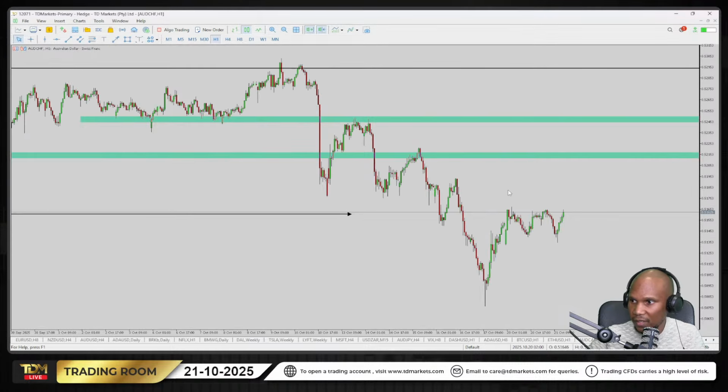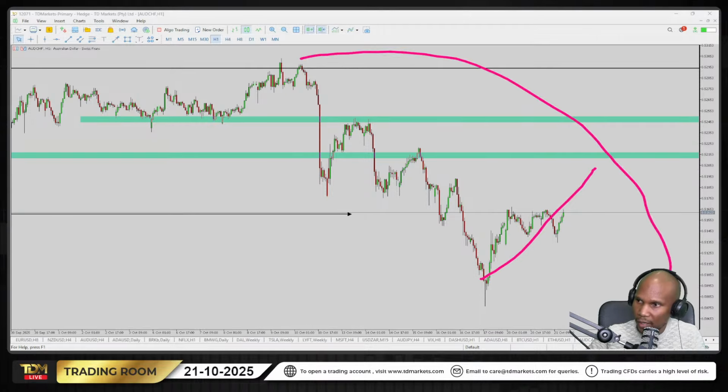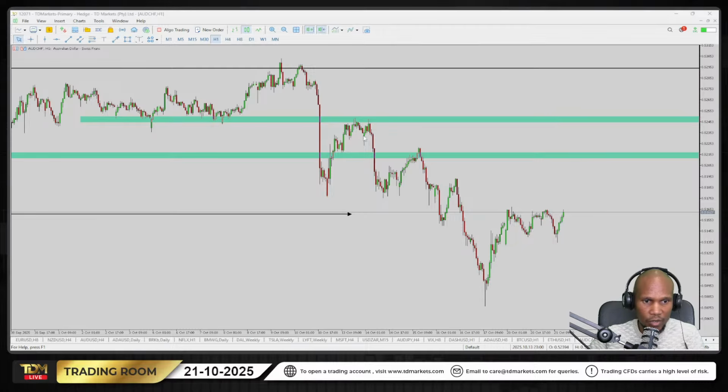If we're anticipating price to retrace back to this area, then there are opportunities there, right? It will depend on whether you want to trade this move or you want to wait for the entire trend to resume trading lower. But this thing is most likely going to continue pushing up.